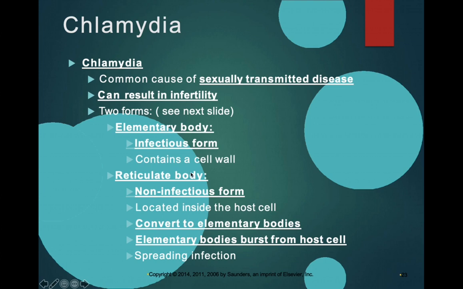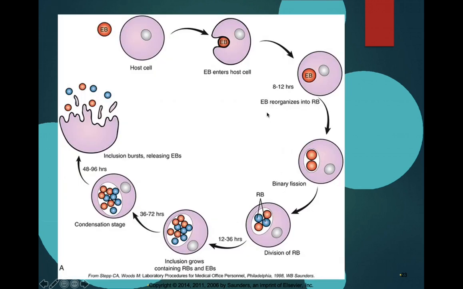The reticulate body is a non-infectious form located inside the host of the cell, but the reticulate body can convert to elementary bodies, and elementary bodies burst from the host cell, spreading the infection, which we see it goes from the EB, right, the binary fission, the multiplication, converts to the RB.